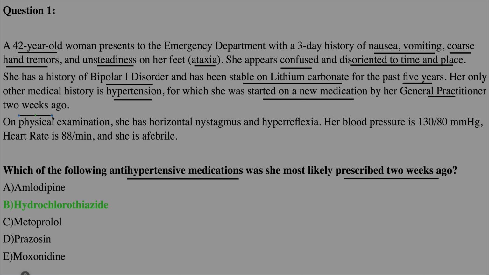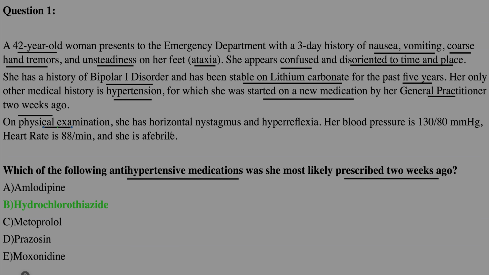Now step 4, the objective data. What is objective data? A physical examination or physical finding, an image given to you in a question, or a laboratory finding. In this particular example, it's a physical examination.